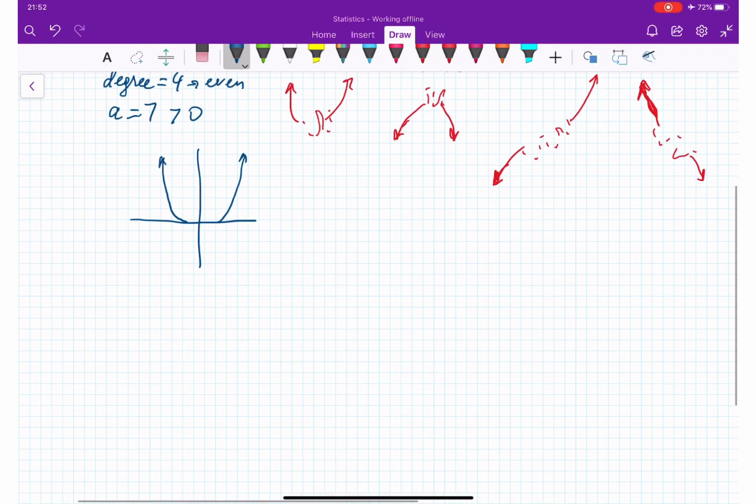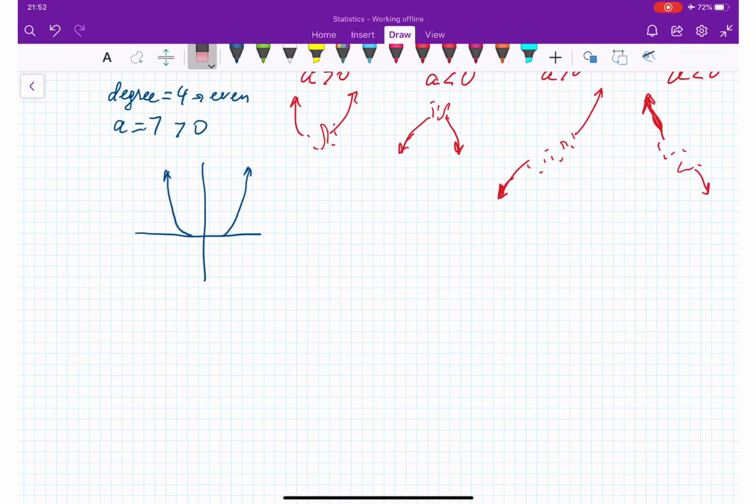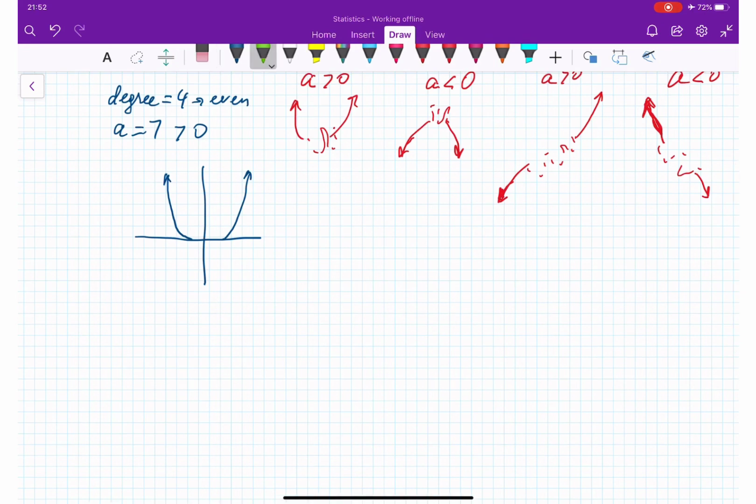No, hold on, we have more questions here. Let's explore more. Point A: on which interval is the function increasing?